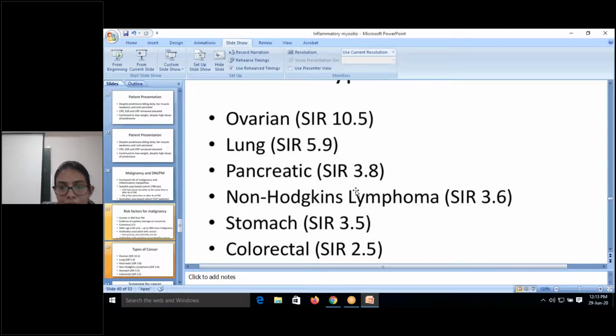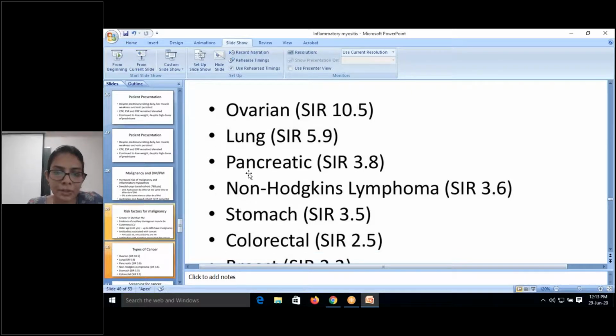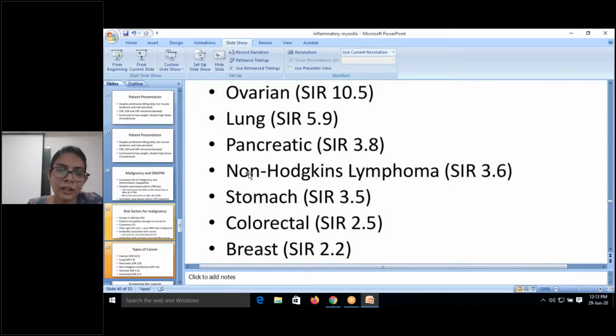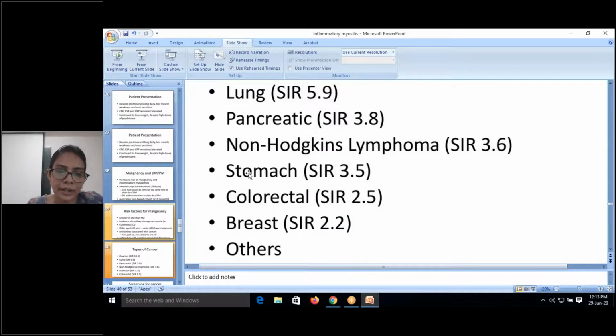The most common associated cancer which you see in these patients, most commonly in dermatomyositis, is ovarian. Ovarian is more common than all, followed by lung and bronchial carcinoma, pancreatic carcinoma, non-Hodgkin lymphoma, gastric carcinoma, colorectal carcinoma; breast carcinoma can also occur.